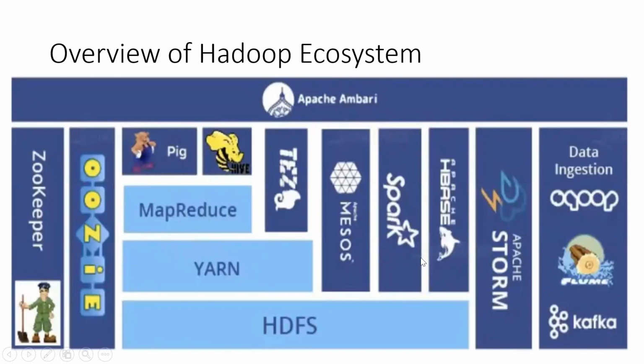The resource allocator and MapReduce are already provided by Spark itself. So Spark is not using MapReduce and Yarn from Hadoop. It's only using the HDFS file system, and the latter part, MapReduce and Yarn, is Spark's own.